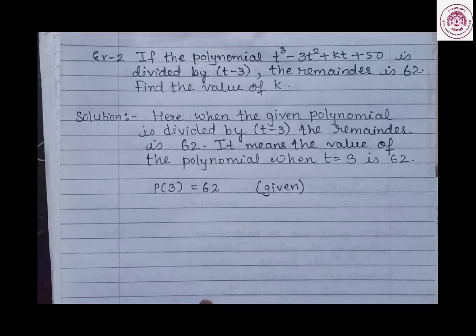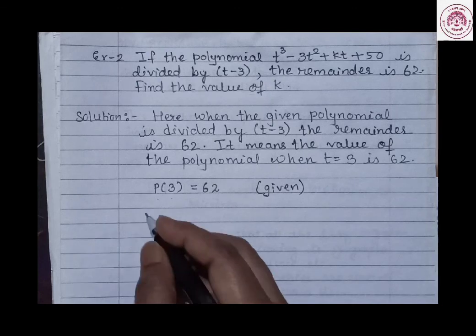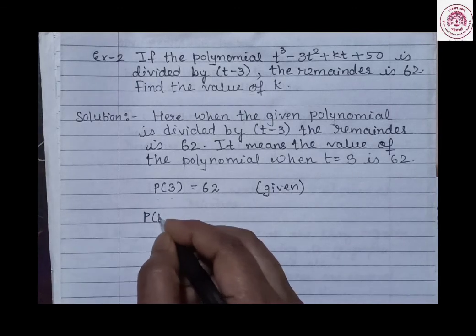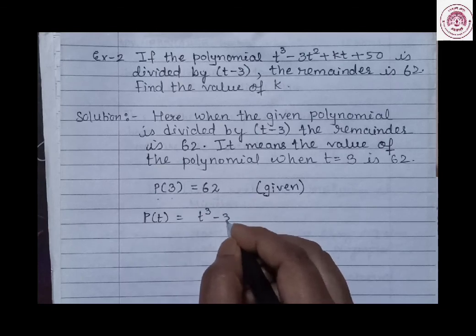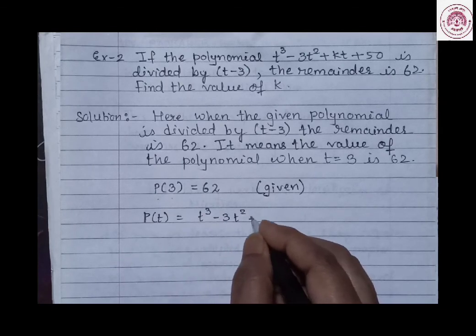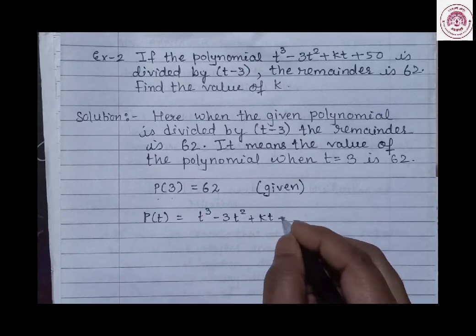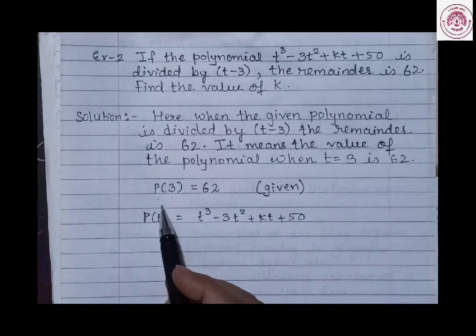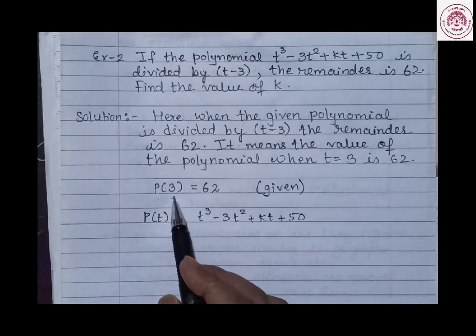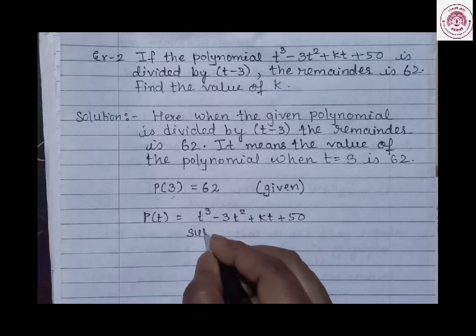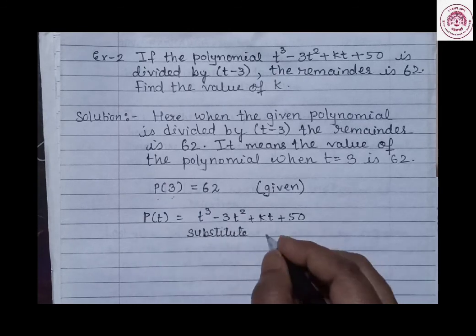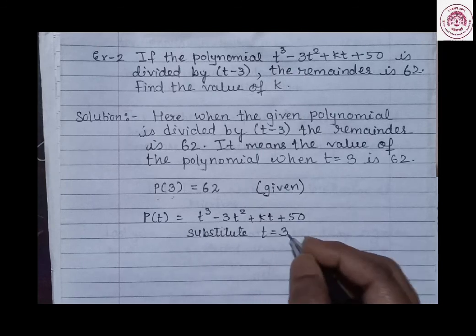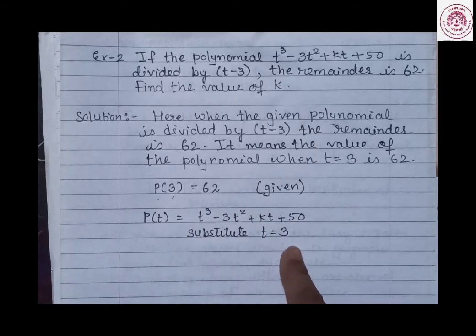Okay. So now let's start with the solution. The polynomial here is p of t equals t cube minus 3t square plus kt plus 50. So we have to substitute t equals 3. So we can write here, substitute t equals 3 in the above polynomial.